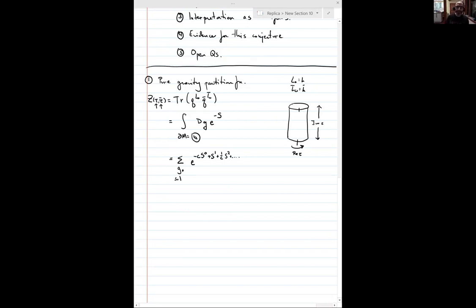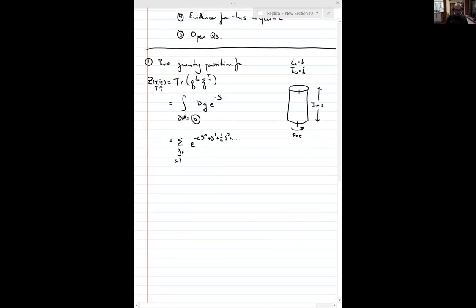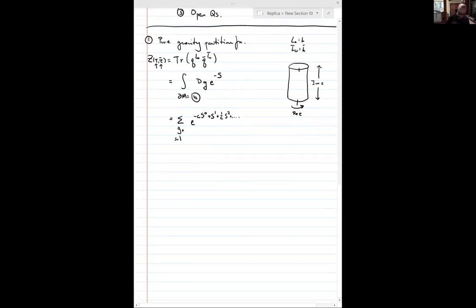Now, of course, that might sound very hard, if not impossible, when you first start thinking about it, but actually it turns out to be really not so difficult in the case of 2+1 dimensional gravity. So in particular, the way that this proceeds is by first noting that there are an infinite number of saddles that all will contribute to the sum, but they're all rather easy to understand.